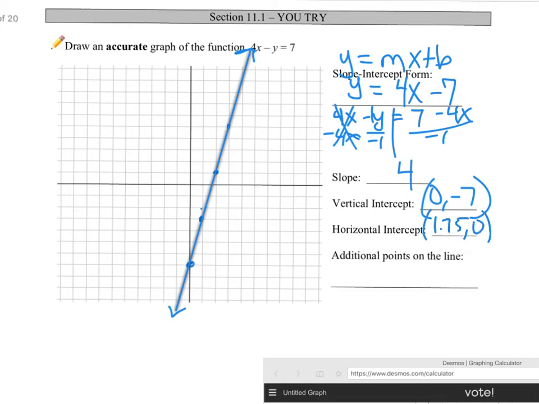And then some additional points on the line would be any of those stop sign points that we put down. So like this one, 1, negative 3. Or that other one that we had at 2, 1. And there are lots of other points we could use, but those satisfy what we need at this particular spot.